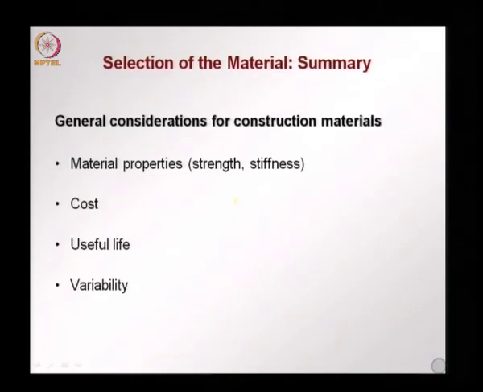We looked at how to calculate a minimum cost or compare materials based on minimizing cost for the required strength and stiffness, and we saw how the decision could vary whether we bring in cost or not.